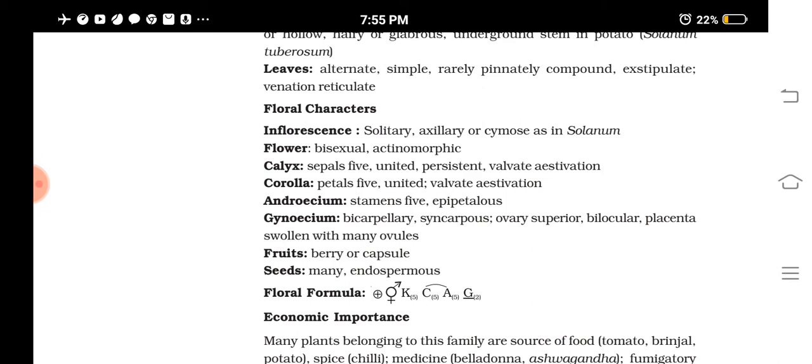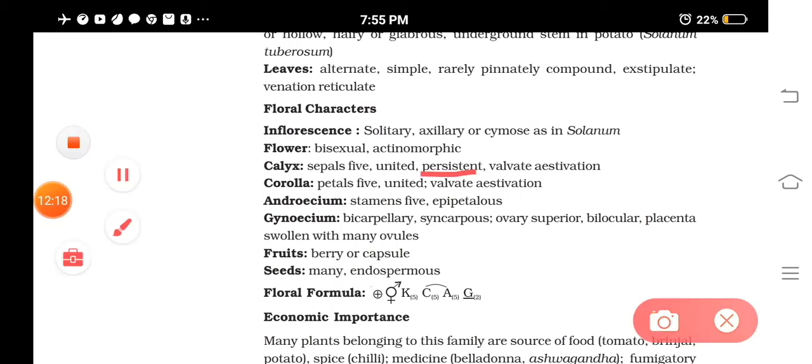Their sepals are united, isn't it? Another important feature of this family is persistent calyx. Persistent calyx means what? You understood? After the fruit formation, or after fertilization, what happens to the unessential parts of the flower, like calyx and corolla?